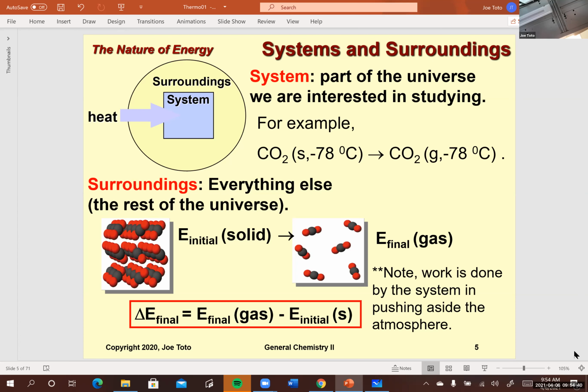And so the simplest definition of the many possibilities of defining these places where energy can exist is just to break it down into two locations. One we call the system, and that's usually the thing that we're focusing on. For chemists, that would be some chemical reaction. And then everything that's not a part of that chemical reaction is called the surroundings. And then the two of these things make up the universe.